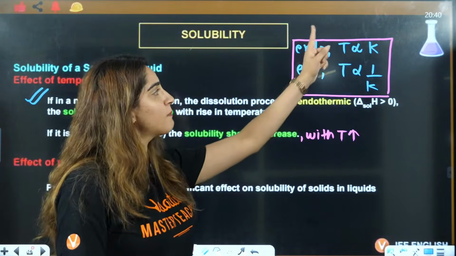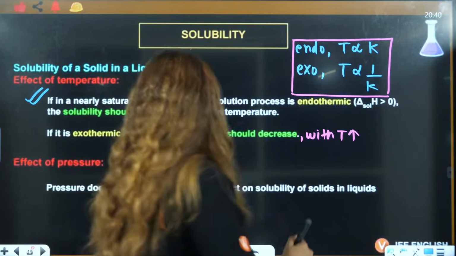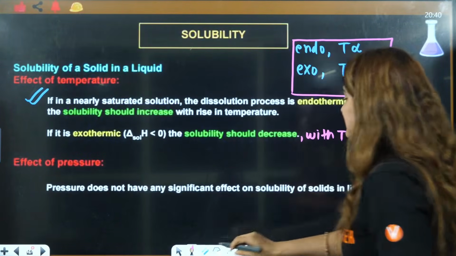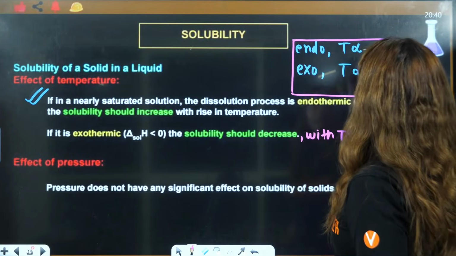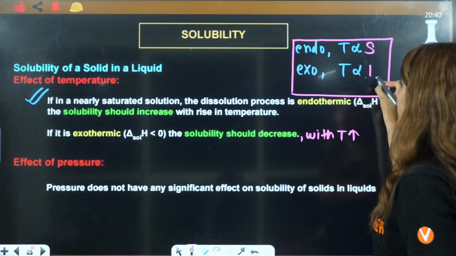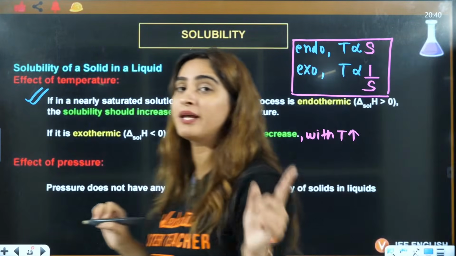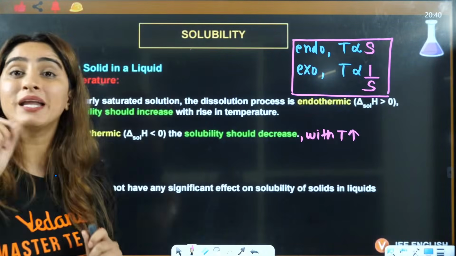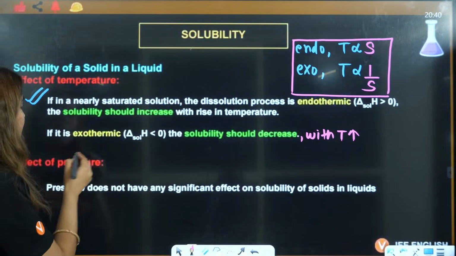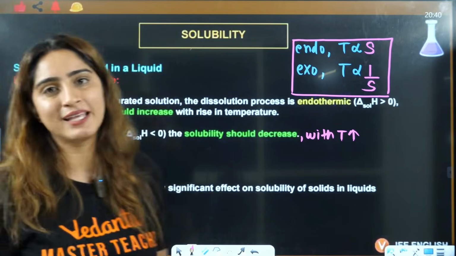So if you don't want to remember the equilibrium here, you can just remember one thing: in endothermic, temperature is directly proportional to solubility. In exothermic, it is inversely proportional. That's it. But here I am talking about only solids and liquids. But if you talk about, ma'am, pressure, tell me one thing.